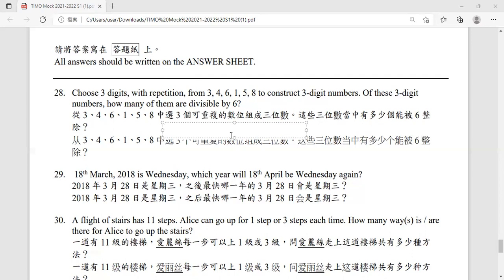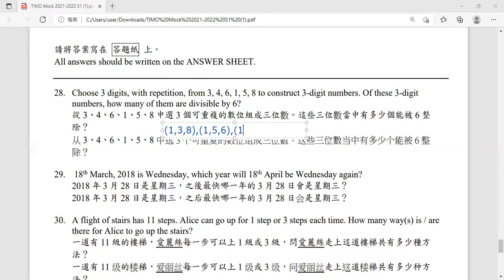So you try to make combos that give a multiple of 3. You have combos like 1, 3, 8, something like this. You make all these combos first. 1, 5, 6. Okay.